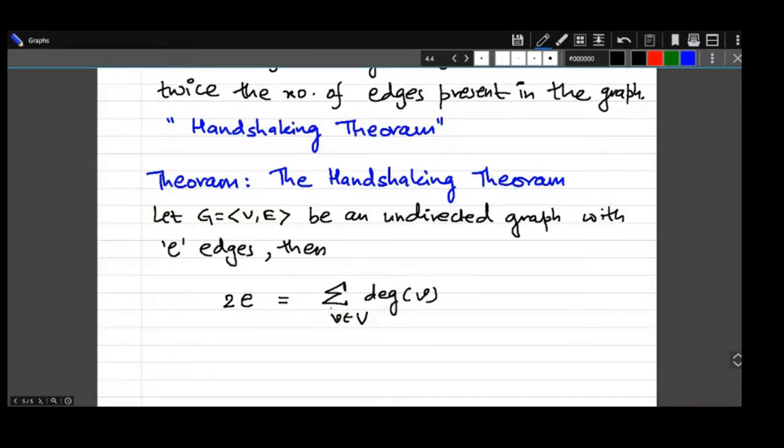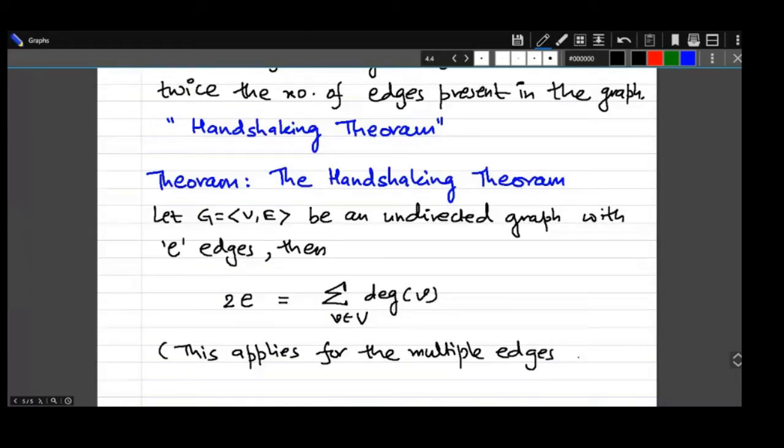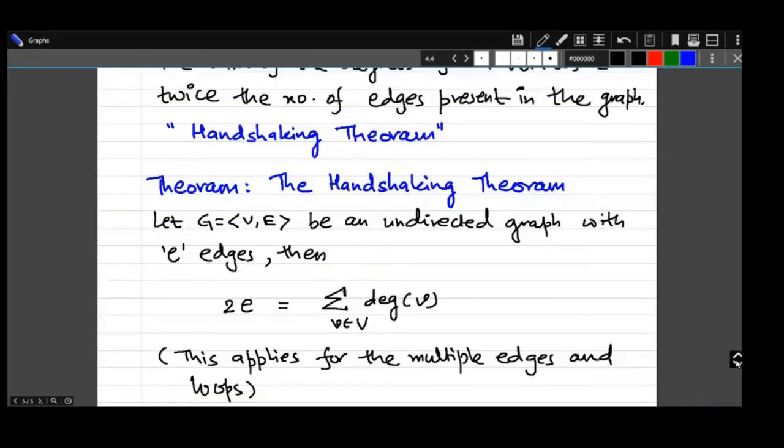Okay, and if you are wondering whether this is only for a simple graph, no. This applies for multiple edges and loops too, because when you say multiple edge, it will contribute degree 1 on this side and another on that side, and a loop will contribute degree 2 to that particular node.